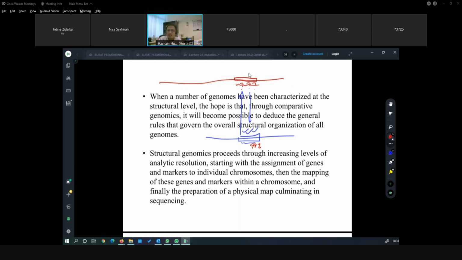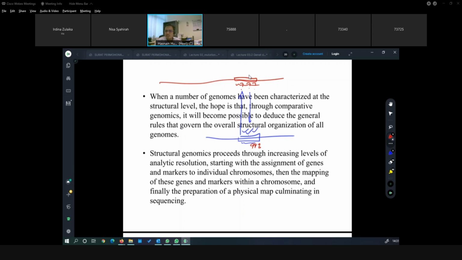Then you can deduce that the function of the human gene is the same as the function shown in the mouse, the rats, the bacteria, just similar to what I showed you just now.